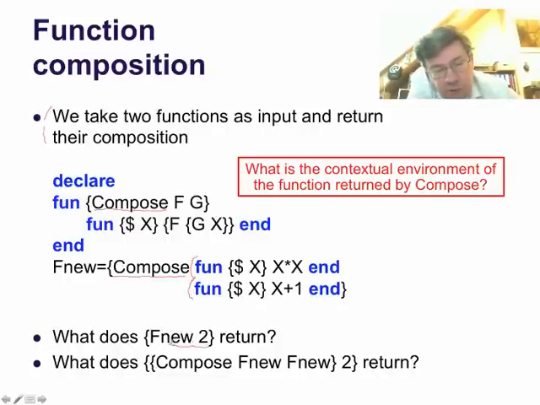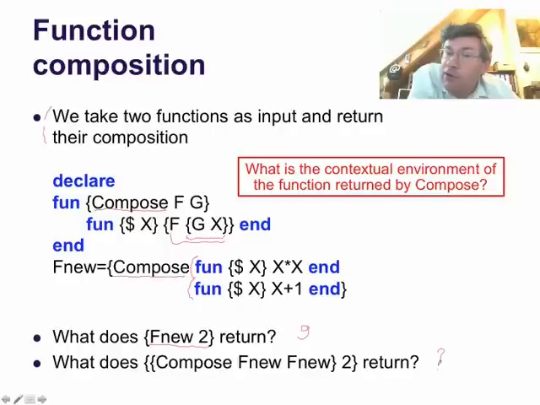So what does fNew of 2 return? Well, we're going to first do g of x, which is 3, and then f of 3, 3 times 3, returns 9.